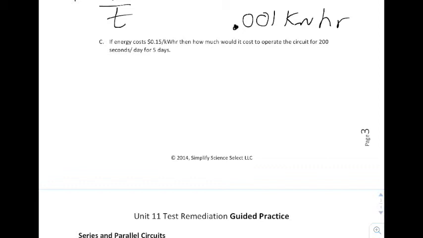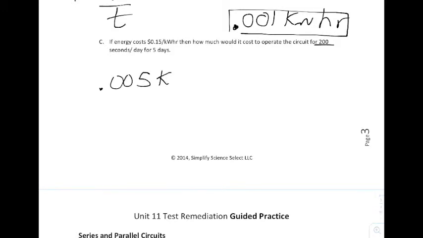Now, it says if energy costs 15 cents per kilowatt hour, then how much would it cost to operate the circuit for 200 seconds a day for 5 days? So the first thing I have to do is recognize this is on a per day basis because it's that 200 seconds. So I have to multiply it by 5 to get 0.005 kilowatt hours in the 5-day time frame.